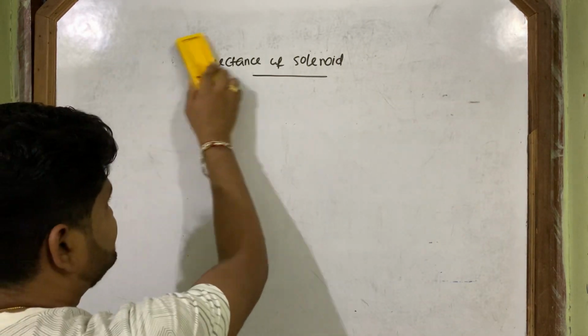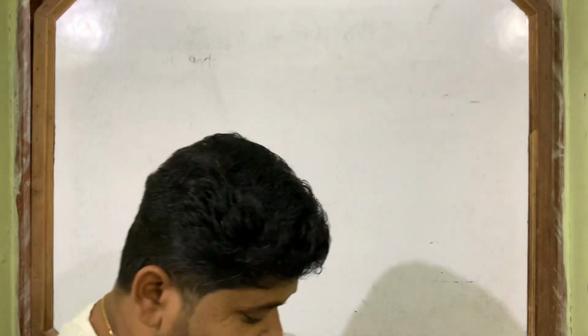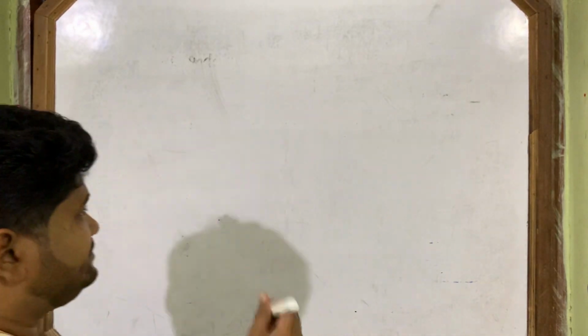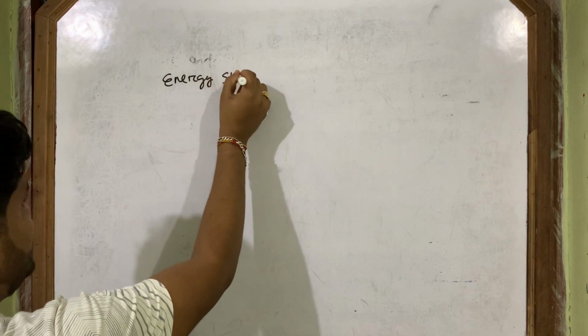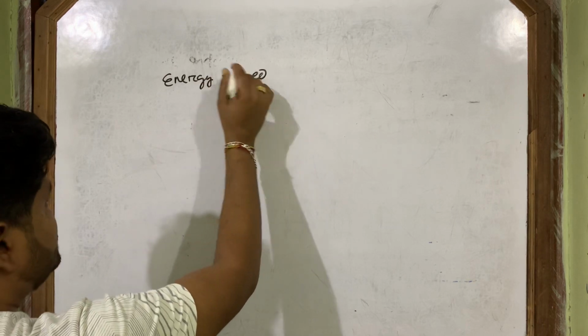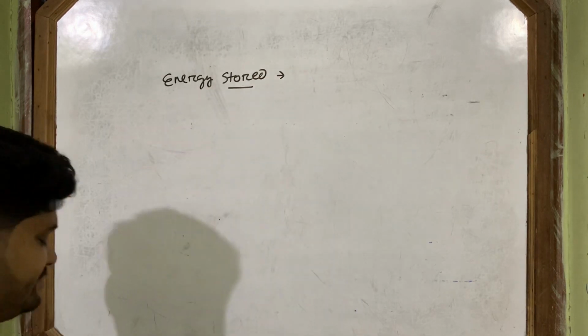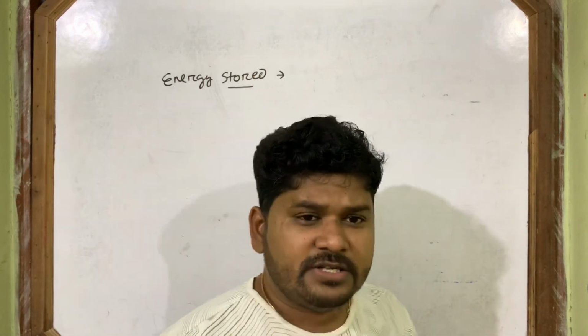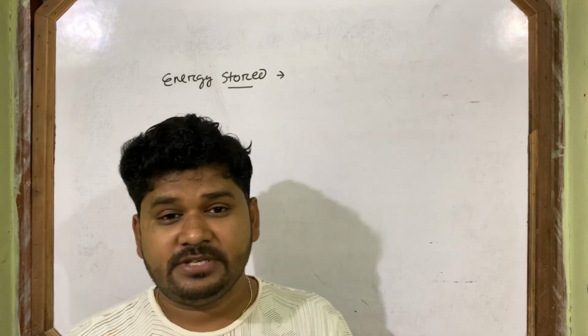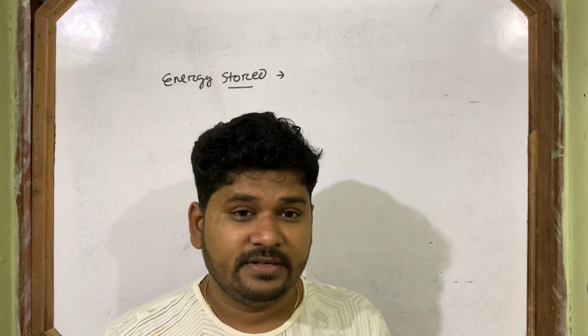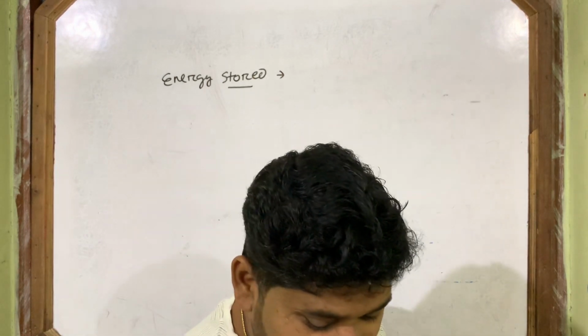So now let's see the next part, energy stored in an inductor. This is also a 3 marks derivation. Why is energy stored in an inductor? When is energy stored in a substance? I have told you this fact many times.